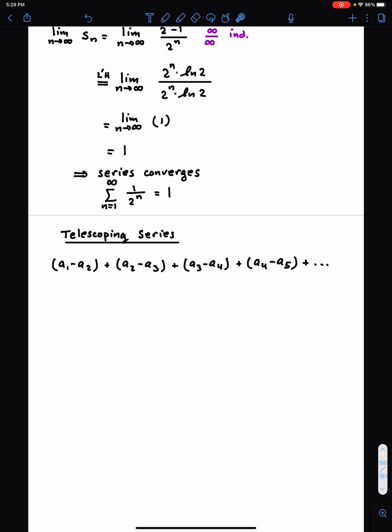So as you can see, some terms in the middle cancel out. The negative A2 plus A2, the negative A3 plus A3, the negative A4 plus A4.